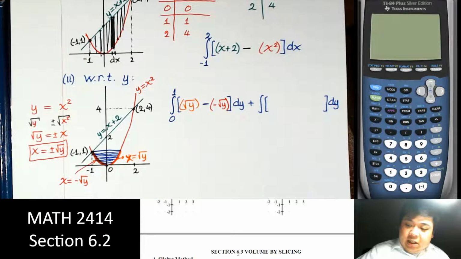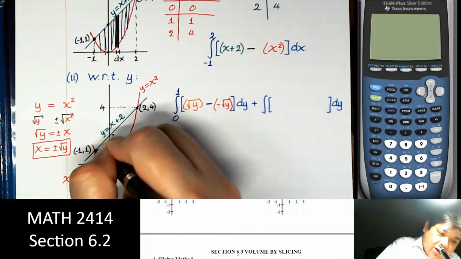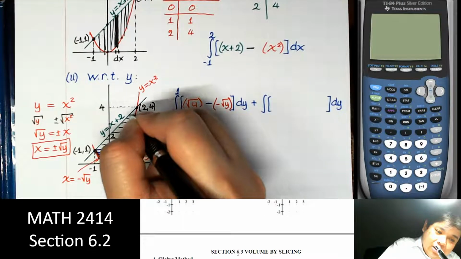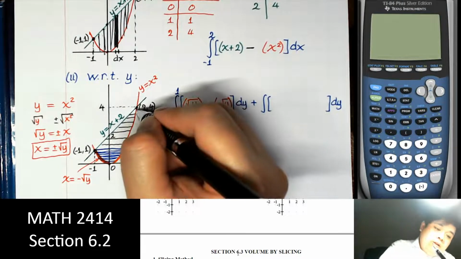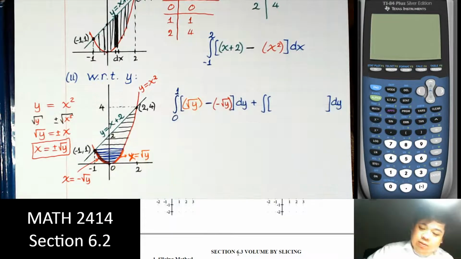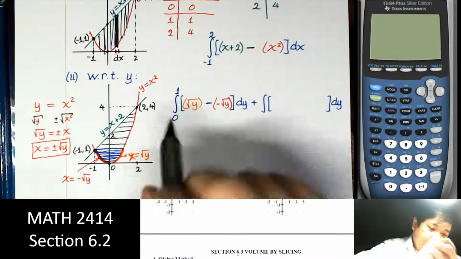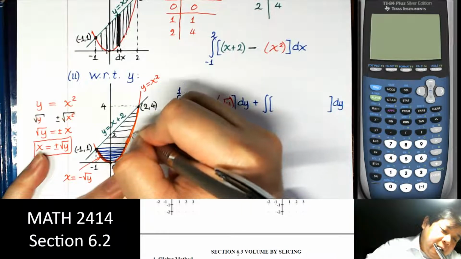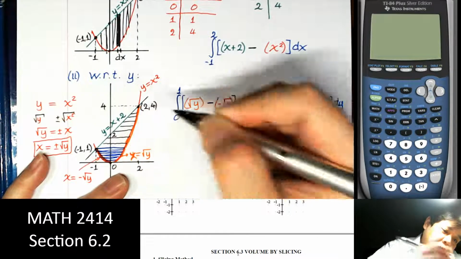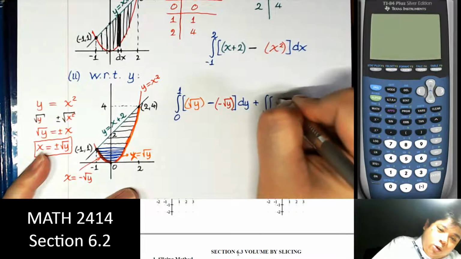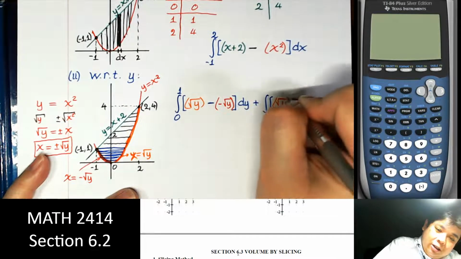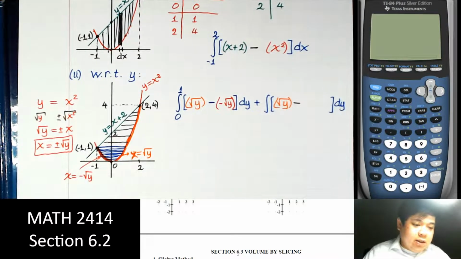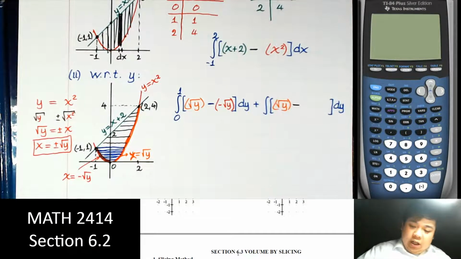Right, next, we're talking about the integral on the top here. The function on the right is easy. It's going to be square root of y. The function on the left is y equal to x plus 2. It's not as bad.